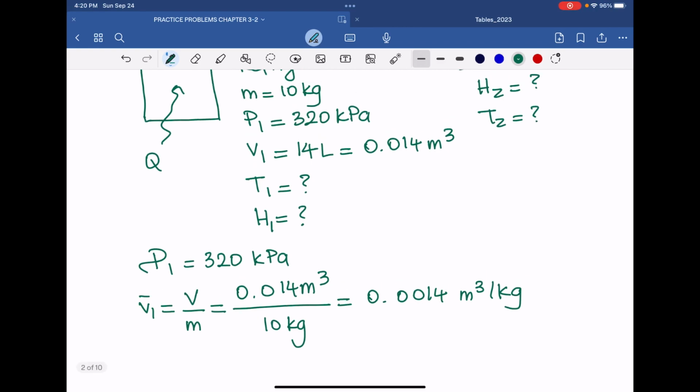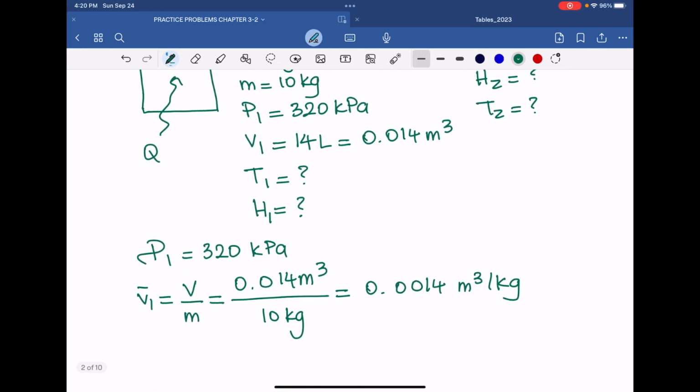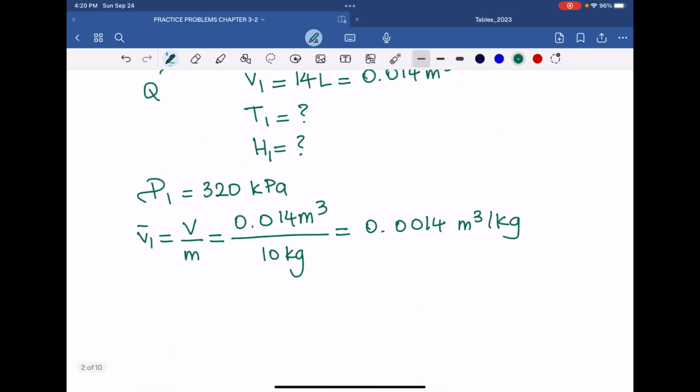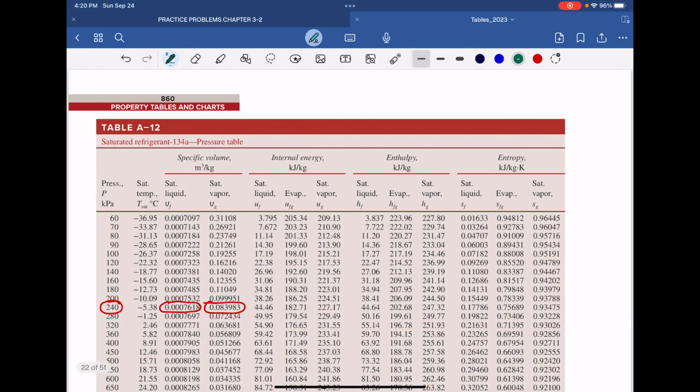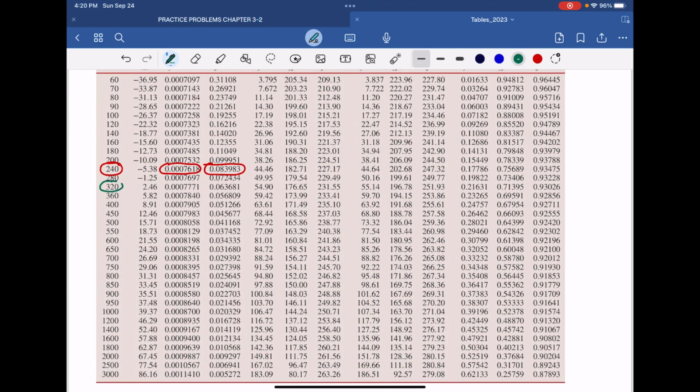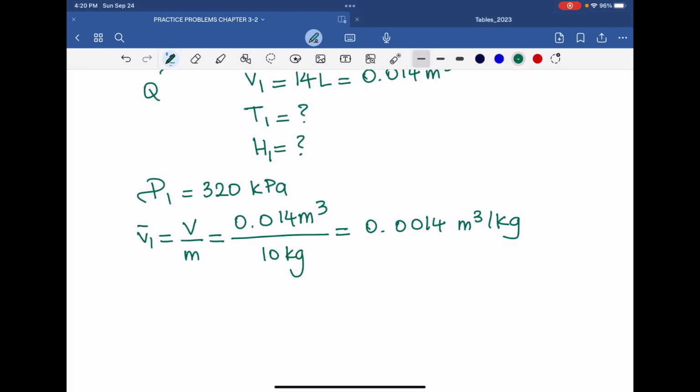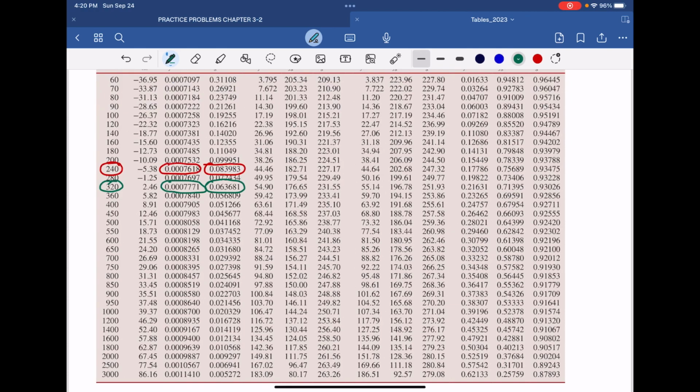First of all, remembering this is a refrigerant, we need to look at the refrigerant tables, with the pressure of 320. Let's go here. So we read Vf and Vg. Very good. Let's go back and see our specific volume is 0.0014. It looks like this value fits in between, so that means we have a mixture.